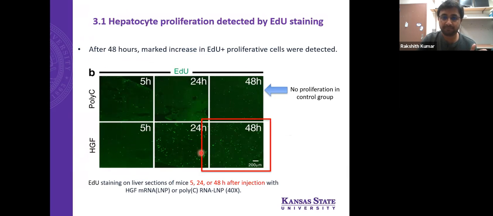By the 24-hour time point you can see proliferation, and the maximum proliferation was achieved at the 48-hour time point. It confirms that the mRNA injected by the intravenous route goes into the hepatocytes, encodes HGF, expresses the HGF protein, and proliferates the hepatocytes.